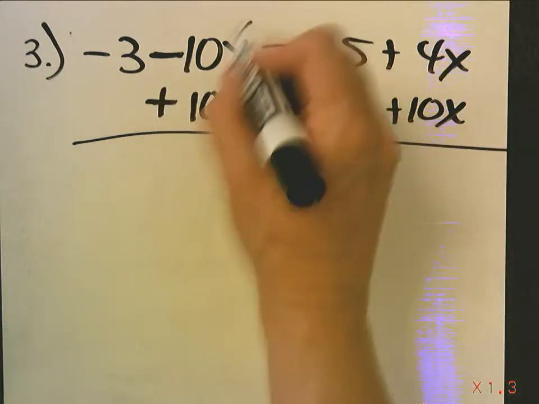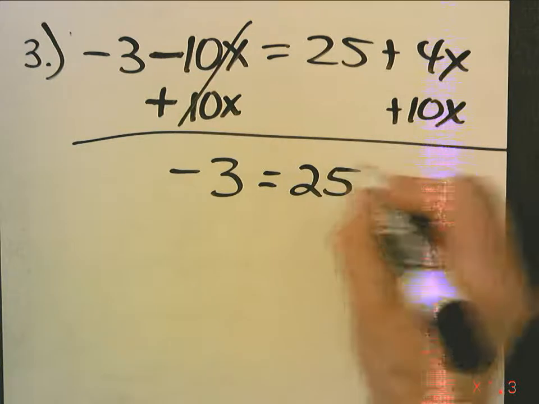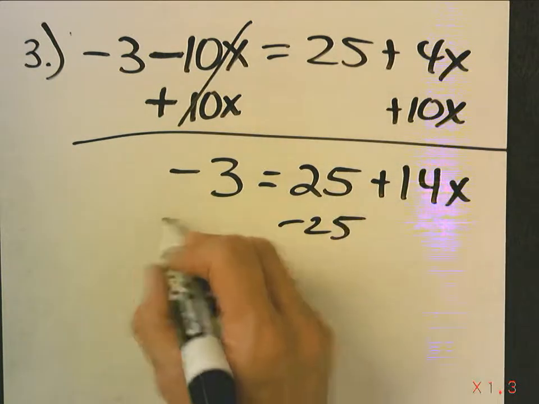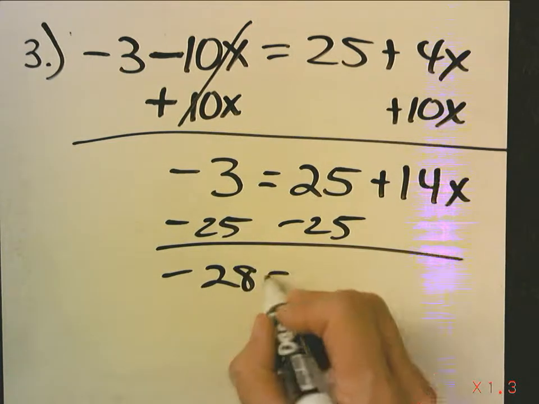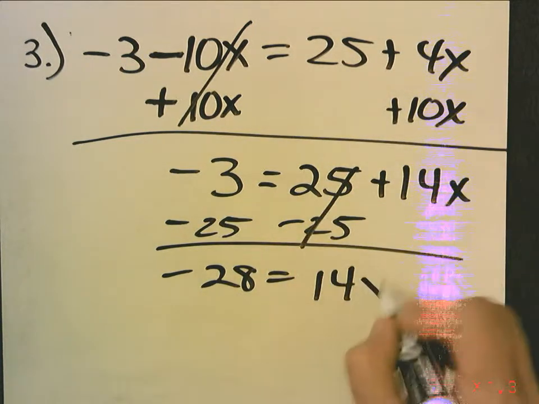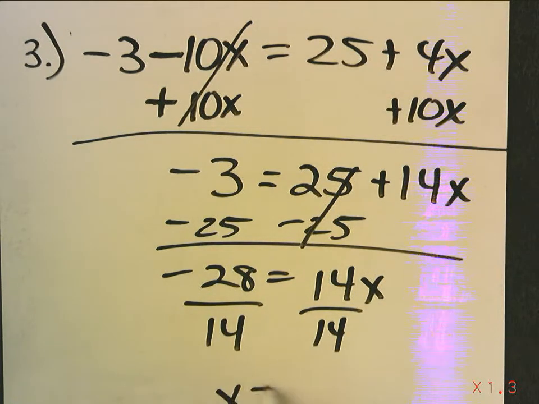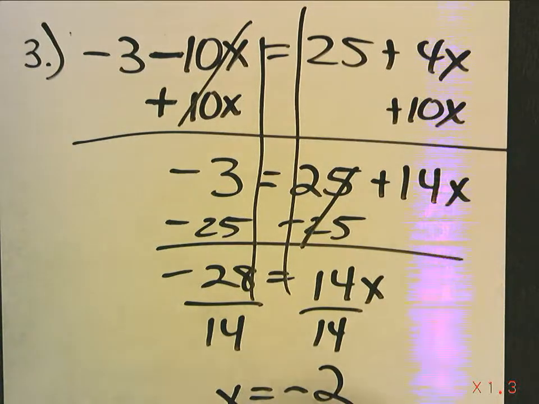Negative 10 plus 10 becomes 0. So negative 3 equals 25 plus 14x, minus 25, minus 25. Negative 28 equals 14x. Divide by 14, divide by 14. x equals negative 2. Okay, notice also I kept my equal sign lined up.